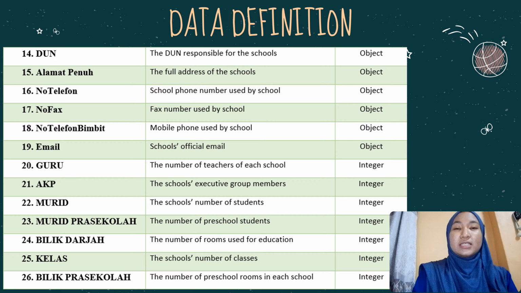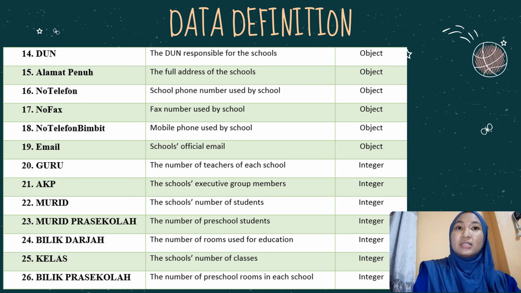Data number 20, guru, the number of teachers of each school. AKP, the school's executive group members. Murid, the school's number of students. Murid prasekolah, the number of preschool students.